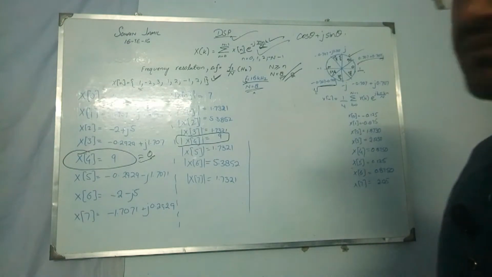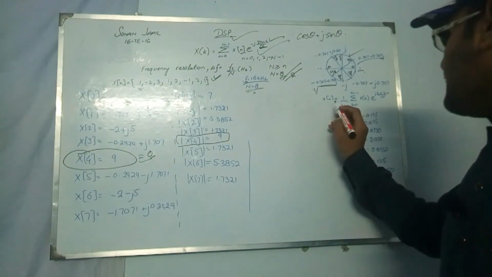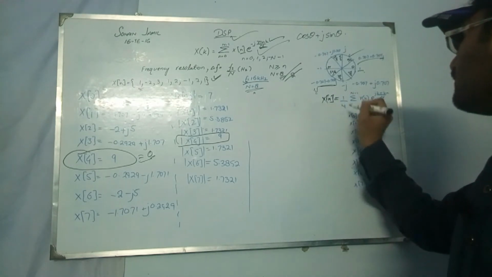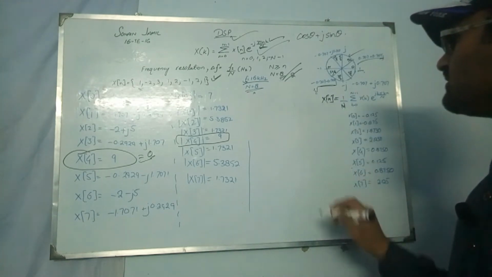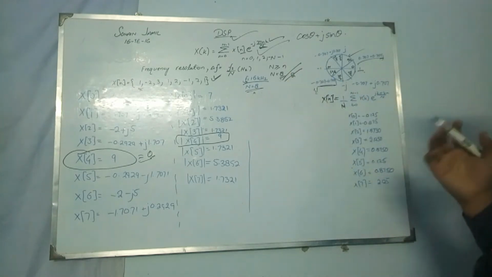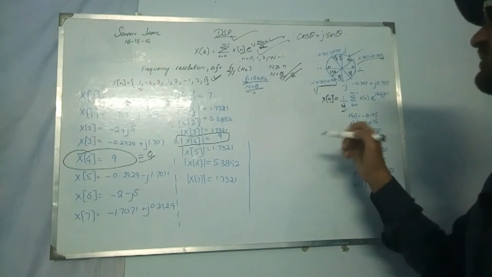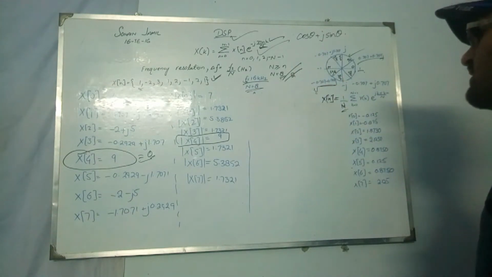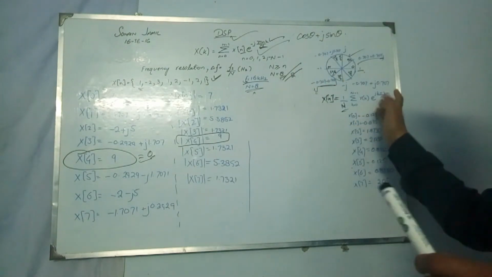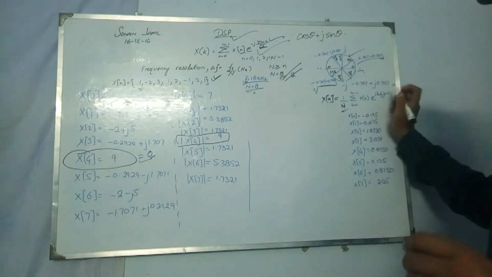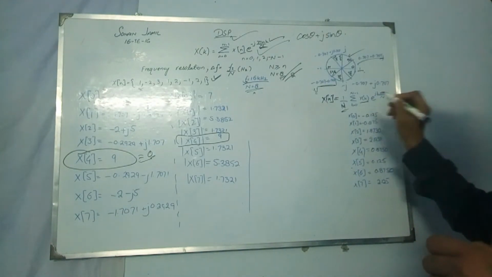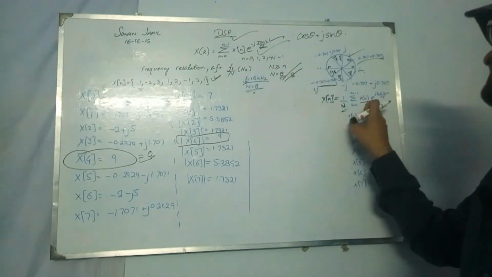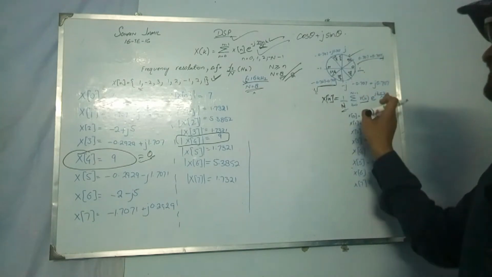And now comes the inverse Fourier transform. For that we have this formula: x of n is equal to 1 over capital N, that is the number of samples, how many samples you have taken. In this case N is equal to 8, and the rest of the formula is the same, but the only difference is to replace this x of n with x of k and the minus with a plus sign.